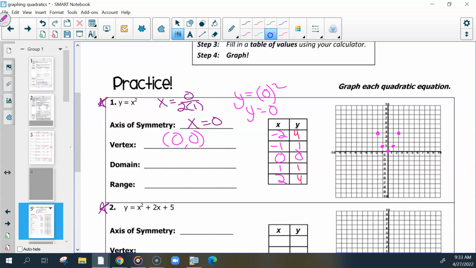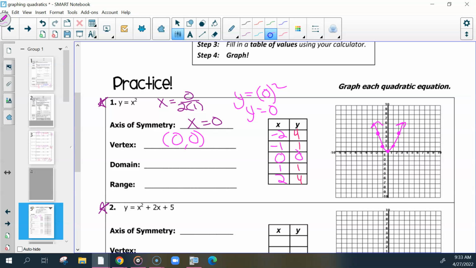When you graph this quadratic, draw arrows at the end. If it doesn't make a U, you probably graphed something wrong. It's a curve. We're about to do that.